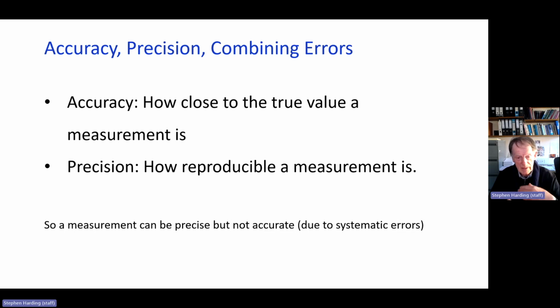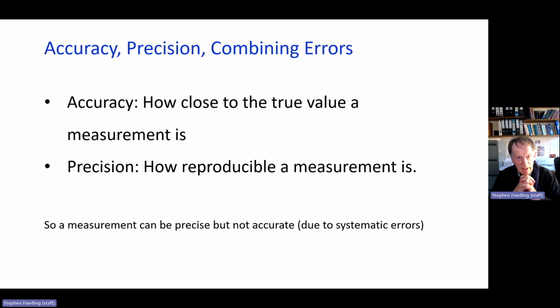And you repeat this time and time again, and you keep on hitting the post in the same place. Well, what you're doing is being very precise, because you're hitting the same place every time, but not accurate because you are missing the target. So a measurement can be very precise, but not accurate. And this is usually due to what we call systematic errors.